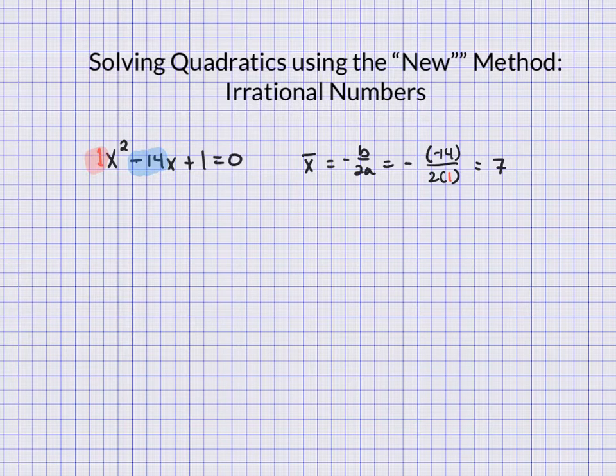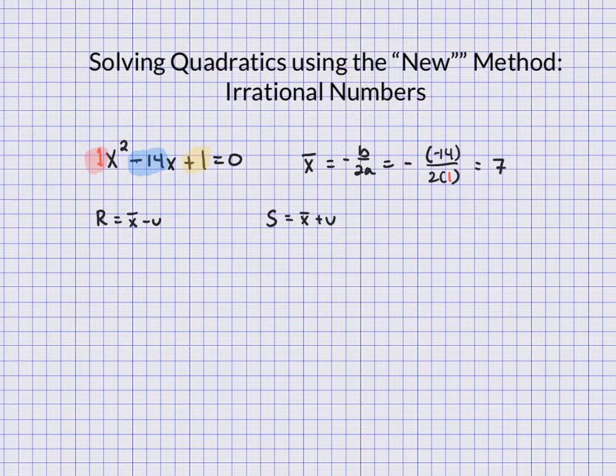Okay, so now what do we do? Remember that your solutions are x bar plus or minus some value of u, some distance. And remember that the two solutions will multiply to get that value there, a 1.